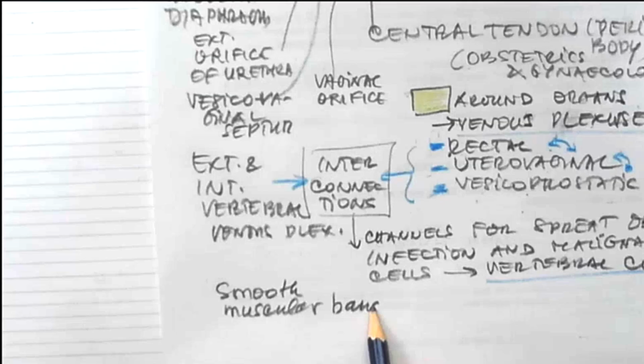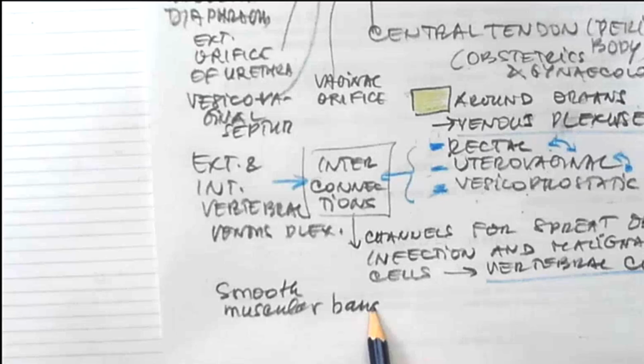Just some information: we know the length of the female urethra is around 4 centimeters and the transverse diameter 7 to 8 millimeters. The length of the male is more, around 20 centimeters approximately. Then discussing the parts, they are completely different.